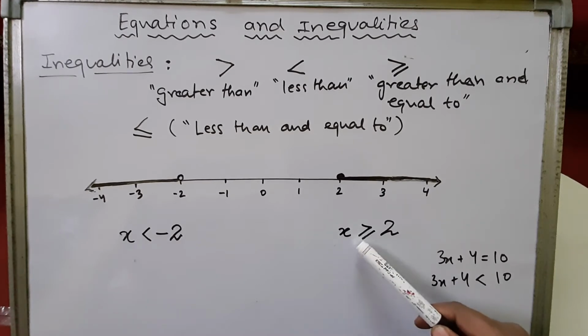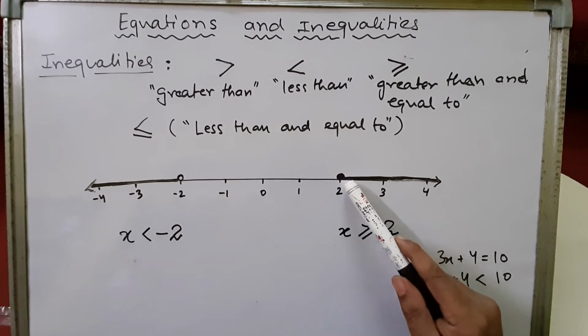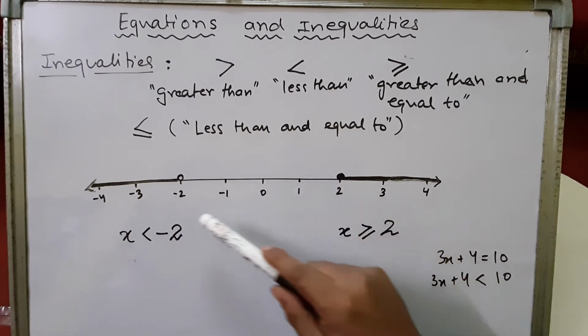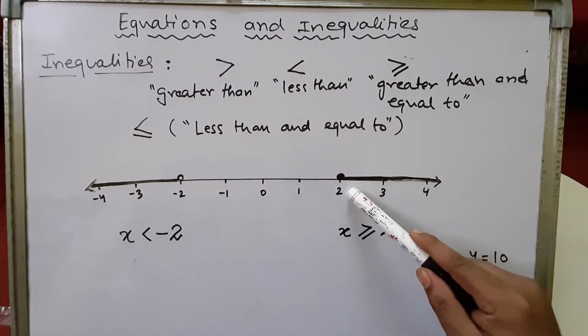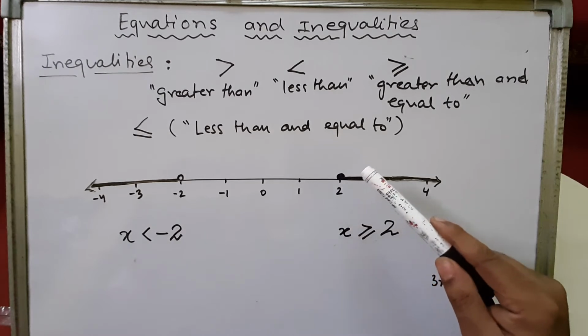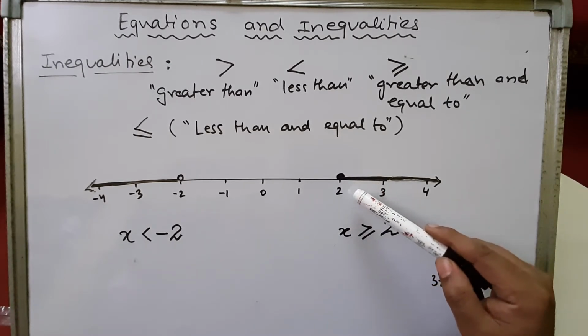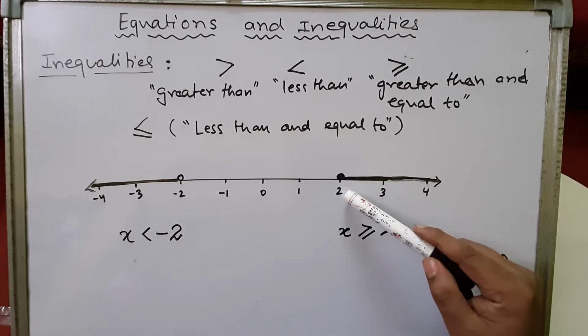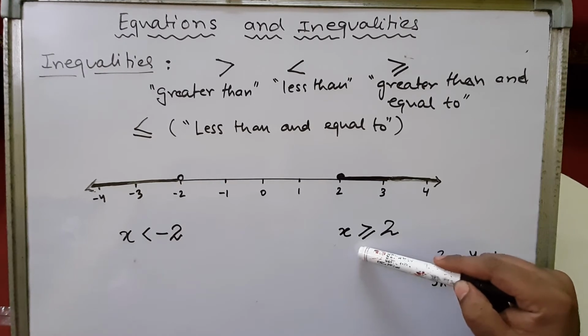Whenever greater than or equal to or less than or equal to is present, we will draw this dark circle. We can see the difference between a circle which is not shaded from inside and a circle which is shaded from inside. So this is a shaded circle, and it represents that 2 is also included in the solution of x.